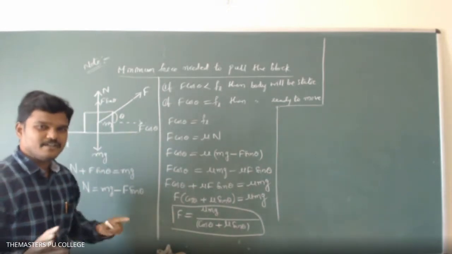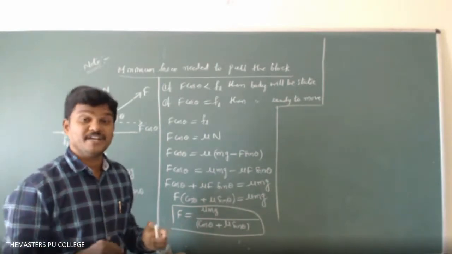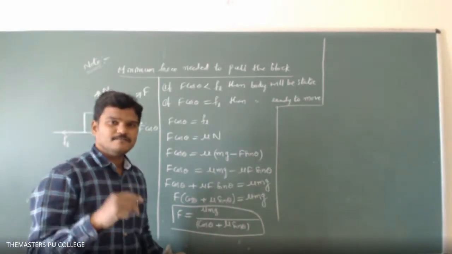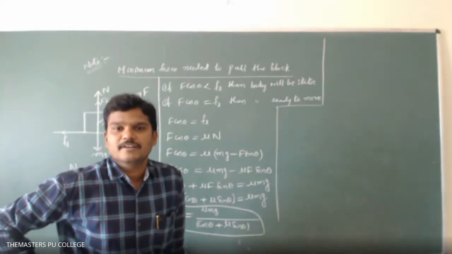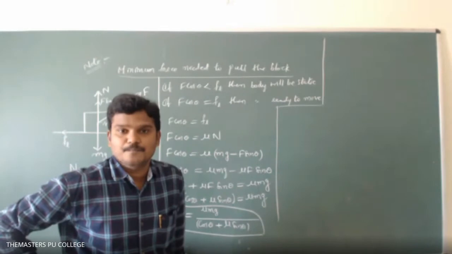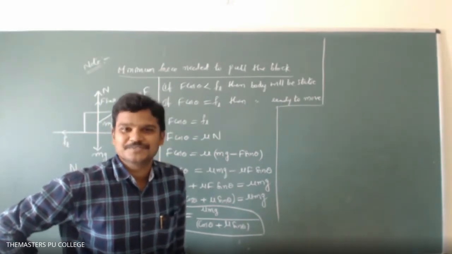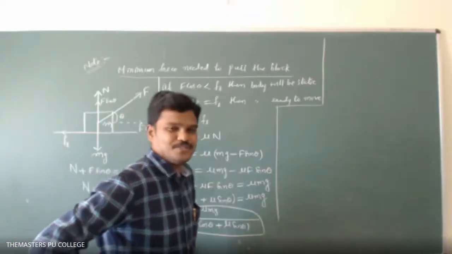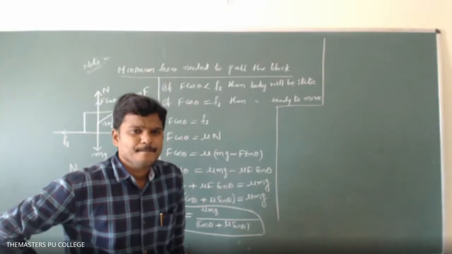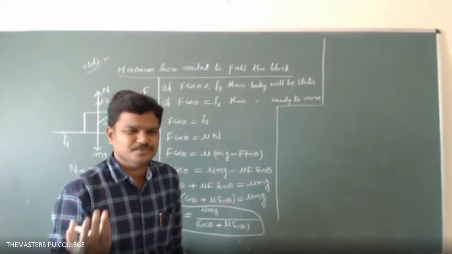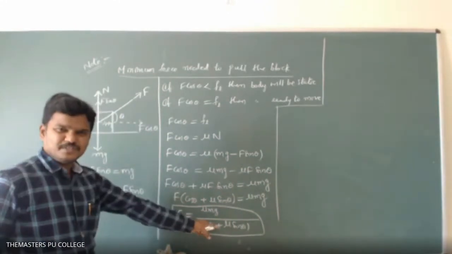But they have not given the angle, they have given the angle of friction, phi. Does anyone remember tan phi? Tan phi value is Fs by N, which is nothing but mu s. Shall I write mu l for ready to move? Otherwise, let us write mu. That's it, the meaning is clear. What is this mu? Is it a kinetic friction?